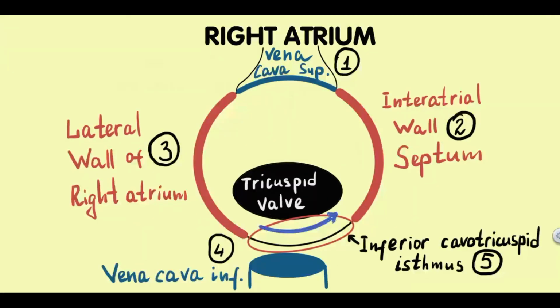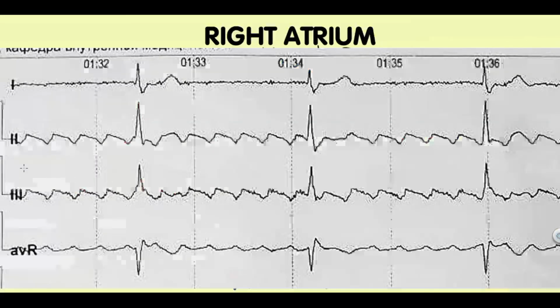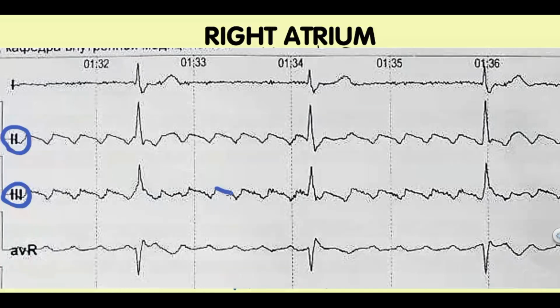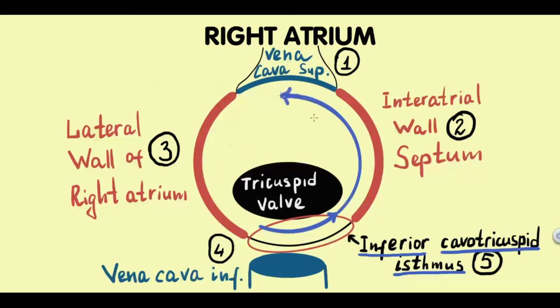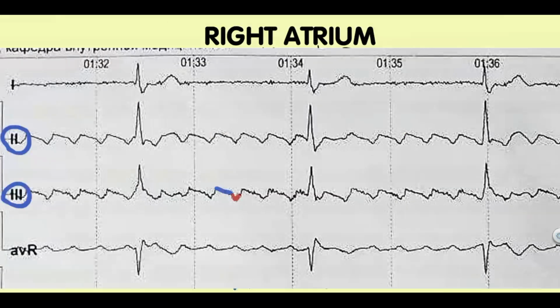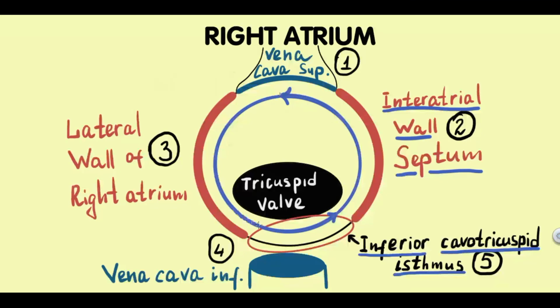When the impulse goes through the inferior cava tricuspid isthmus, we have the plateau phase of the F wave on ECG. After this, we see ascending passing on the septal wall. And the last part of the circle is descending passing through the lateral wall of the right atrium.